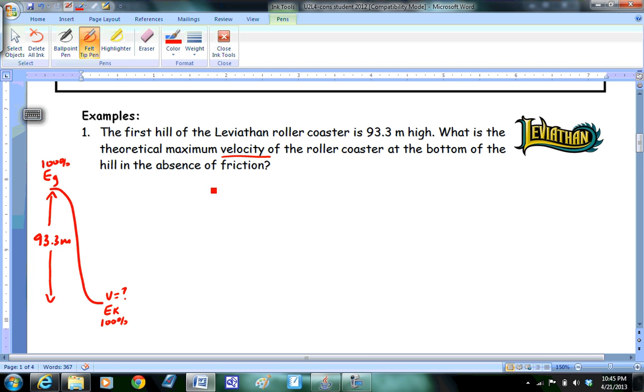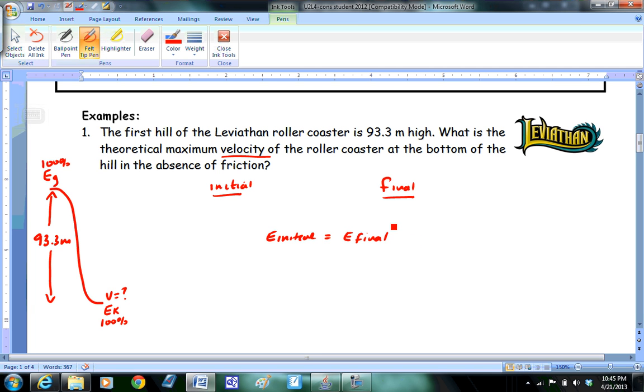So a good way to do these problems is to look at what we have at the beginning, the initial, and then look at the final, what you have at the end. Initially, remember, my energy is going to remain constant. So E initial is going to equal E final. There's no difference between them.